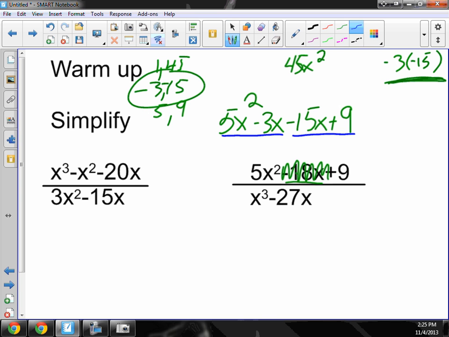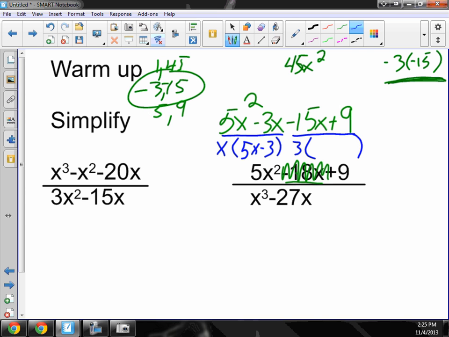What does the first group share? An x. If I pull out an x, what's left? 5x minus 3. What does the second group share? They share a 3, but if I pull out a 3, what do I want this parenthesis to say? 5x minus 3.